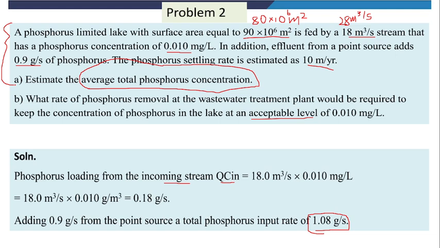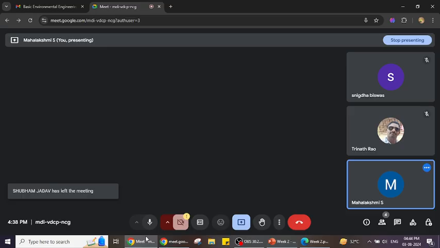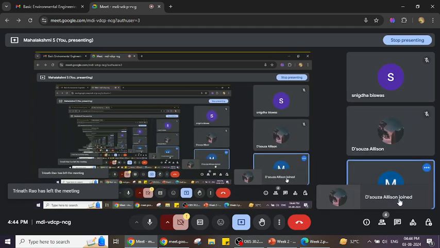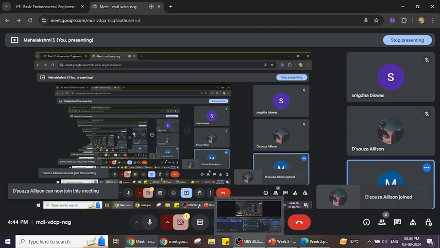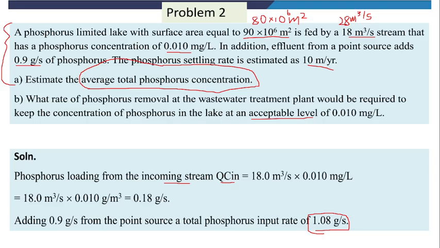The phosphorus settling rate is also the same, 10 meter per year. So we solve this problem for the changed values.